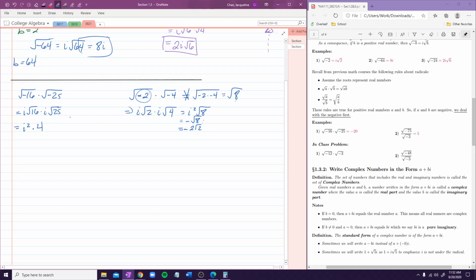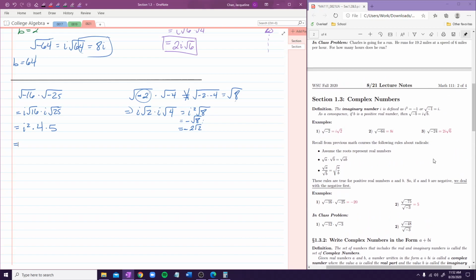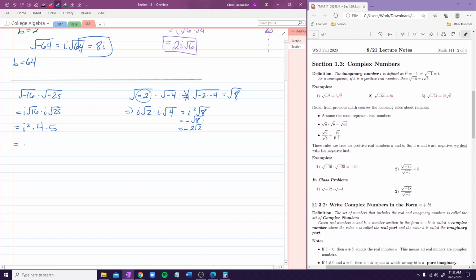Okay, or you can think 4 squared is equal to 16. Right, for 25, our question is, what squared is equal to 25? And in that case, it's going to be 5, because 5 squared is 25. Okay, let's simplify. So we know i squared, remember from our definition, i squared is equal to negative 1. So this is negative 1 times 4 times 5. Okay, so this is negative 20.